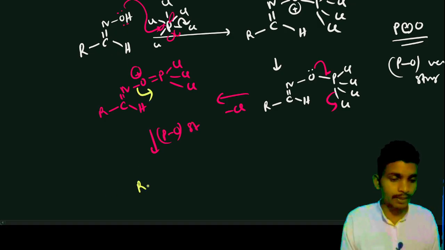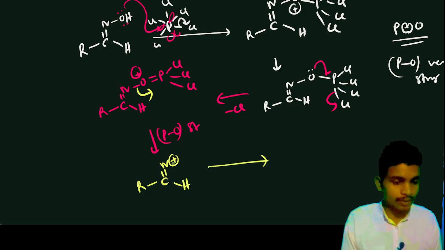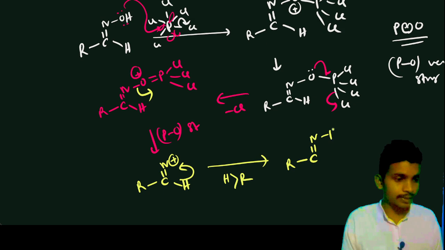Ultimately we get the same thing: N with a positive charge, and here we have that hydrogen again. So rearrangement will happen. The migratory aptitude of H is greater than R groups, so it is going to shift here. That's what we get, the same thing: N and H, and here a positive charge.